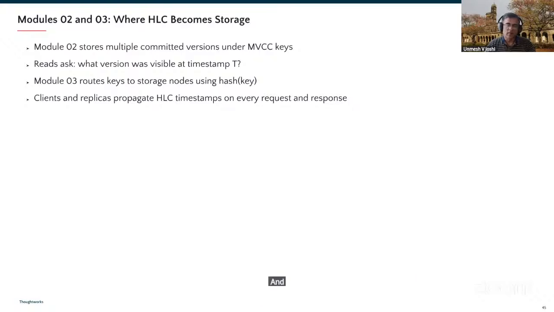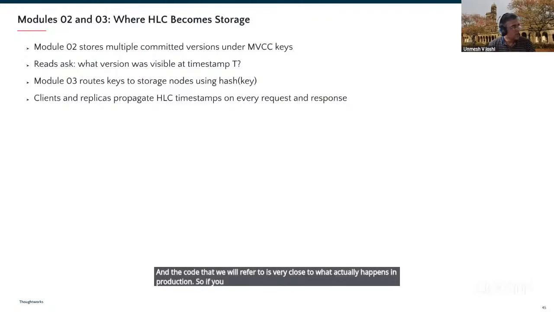And the code that we will refer to is very close to what actually happens in production. If you look at TiDB or CockroachDB, YugabyteDB, MongoDB databases, you will find something similar.